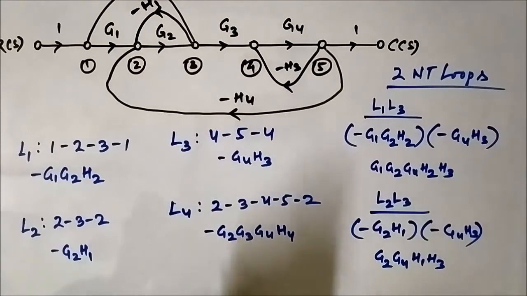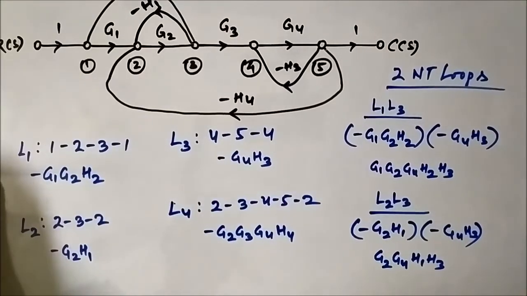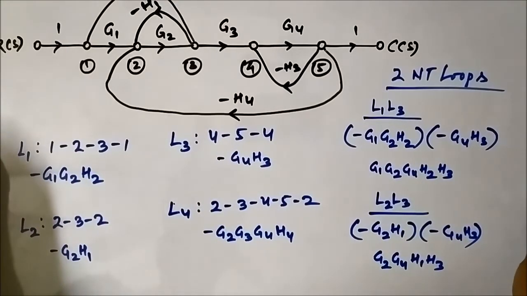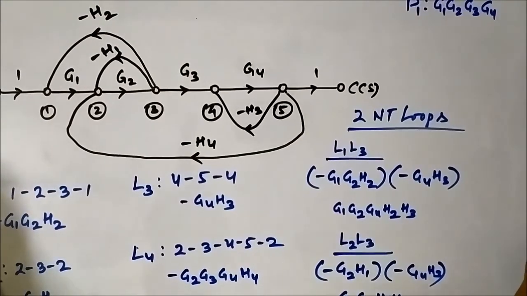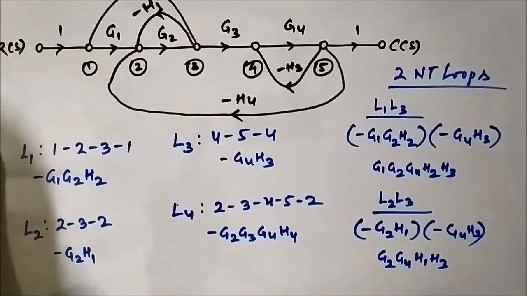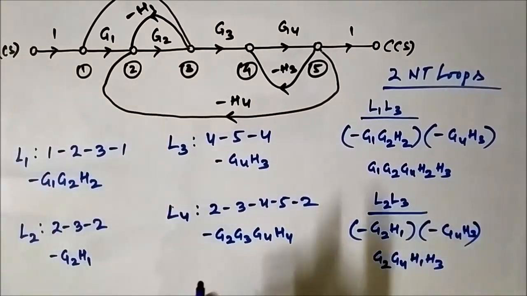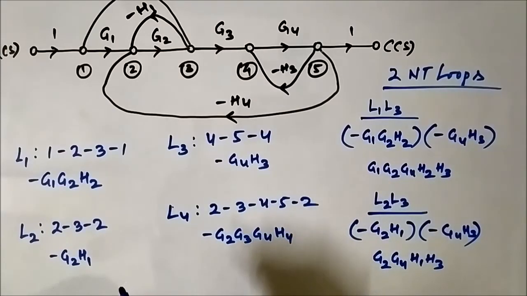Now we have to determine the path factor. Let us write the nodal representation of the path. So let us remove these gains. You can write these if you want, or you can go back.